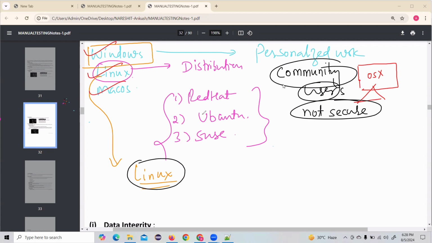What will these operating systems do, tell me. Machine to human. How? Look here.